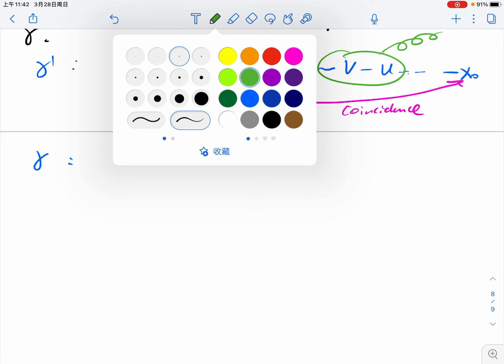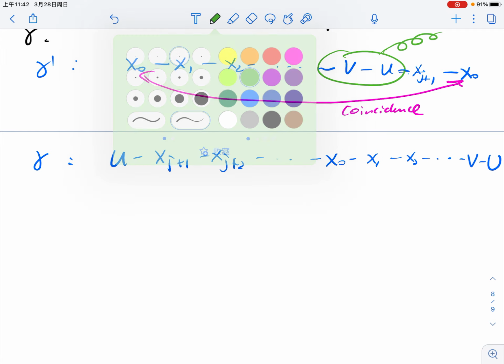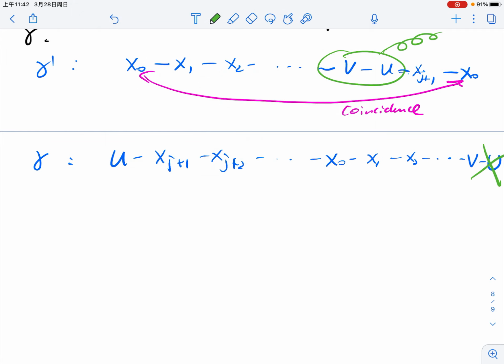Then you start with U. Here you have X_{j+1}, X_{j+2}, and so on, X0, and X1, X2, and so on, V, and so on, U. So if you rotate it in this way, then you just get rid of this one, which gives you an open Eulerian trail.